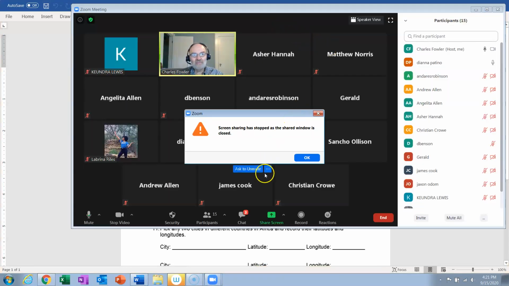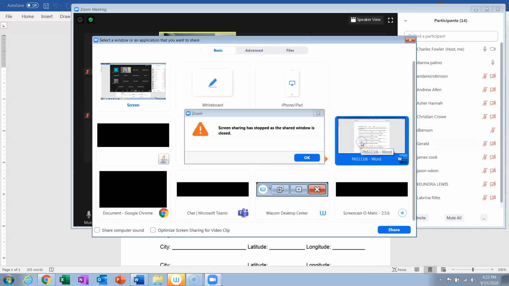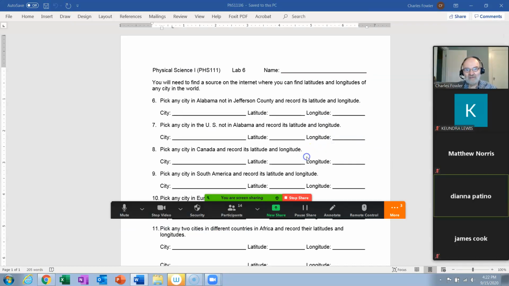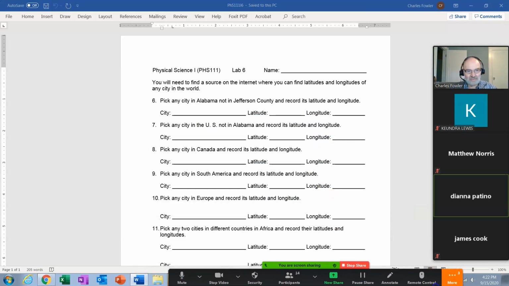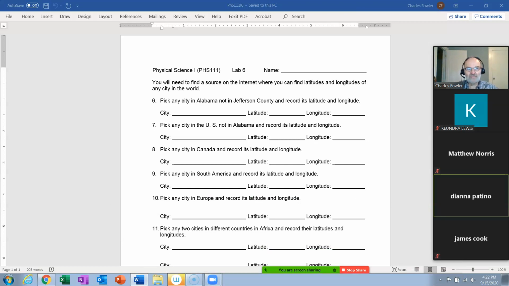Whoa! What happened there? Screen sharing stopped. I didn't mean for it to. So let me go back to that. Okay. Now I got to move this out of the way. You can't see it, but people watching from home on YouTube videos will.